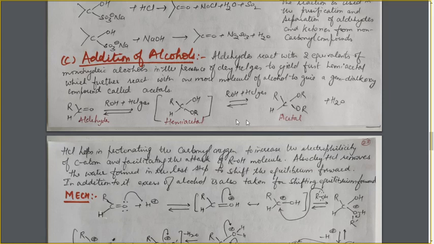And one more thing, to shift the equilibrium in the forward direction, we have taken the excess concentration of the reactant, that is the alcohol molecule. In this reaction we will take an excess amount of alcohol. This will also shift the equilibrium in the forward direction, leading to the formation of more acetal. So these are the two conditions which we have taken here to move the reaction in the forward direction.